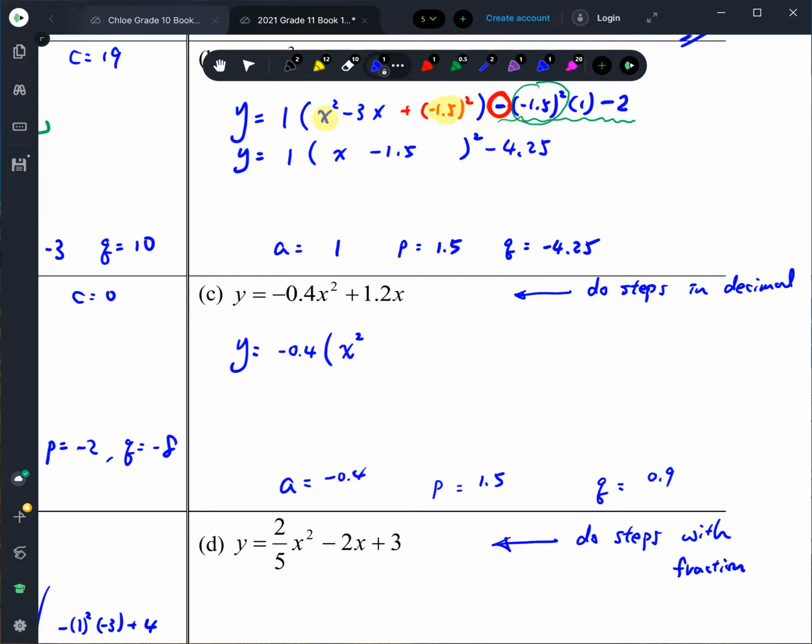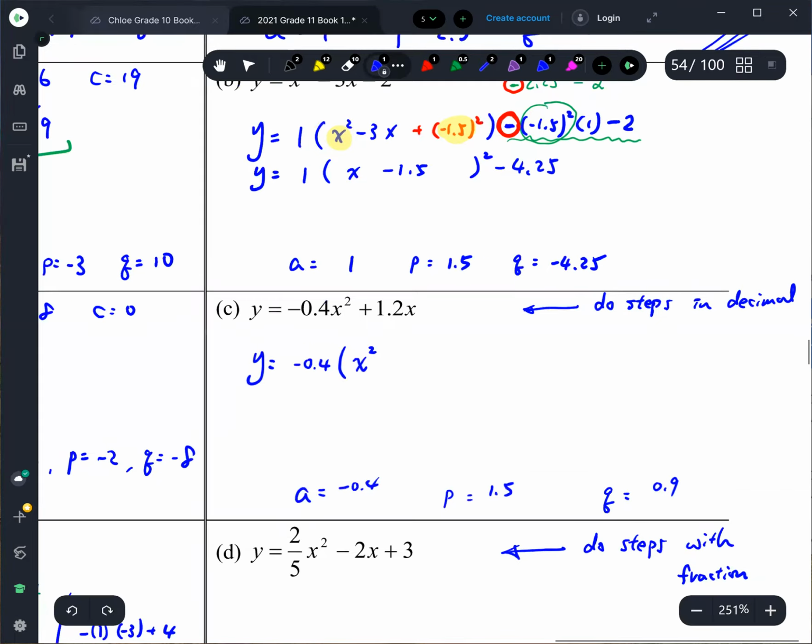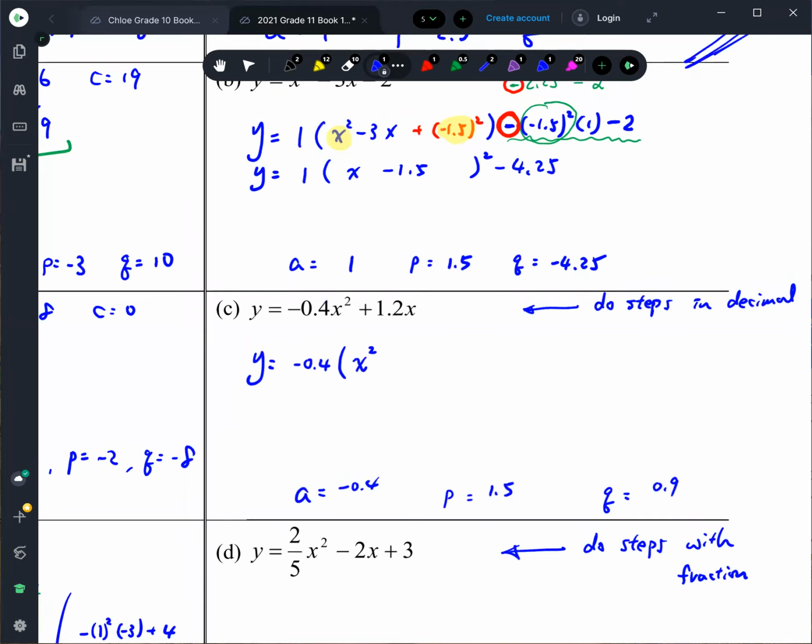How'd you get that? Is it not this one? You need to factor the A, take out the A. Do you know what I mean by take out the A? You know how to factor? Yeah, I think I do, but I'm confused right now.